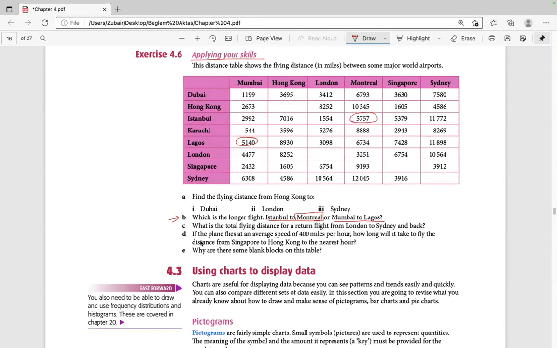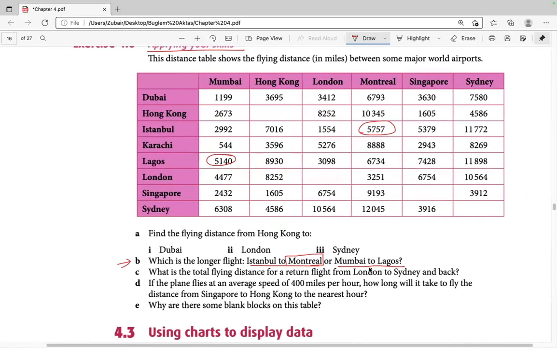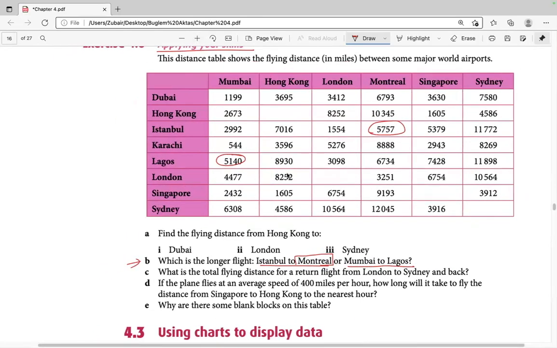That's the longer flight. C part says what is the total flying distance for a return flight from London to Sydney and back? So London to Sydney and back, you just take 10,564 times two. That's correct.